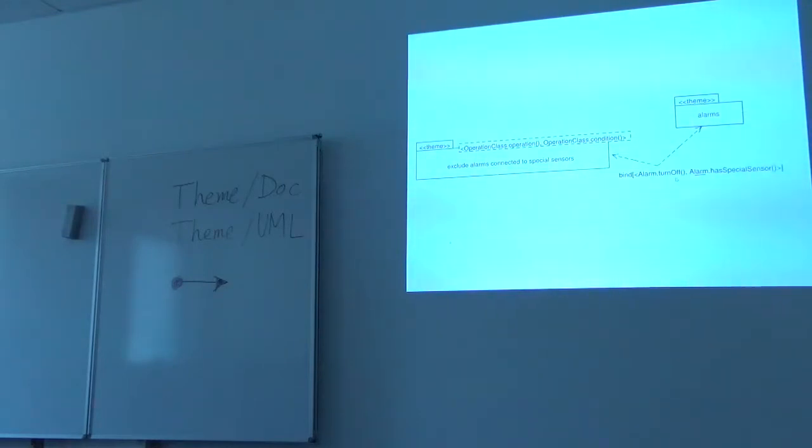And here is where I'm not really sure about this Theme/UML notation. So there is a sequence of these parameters, and in very complex situations you might have several sequences.